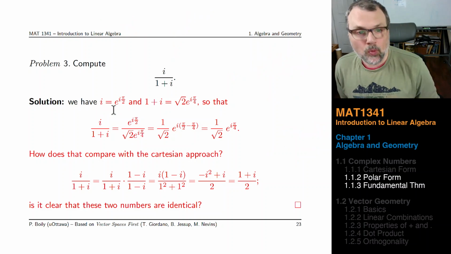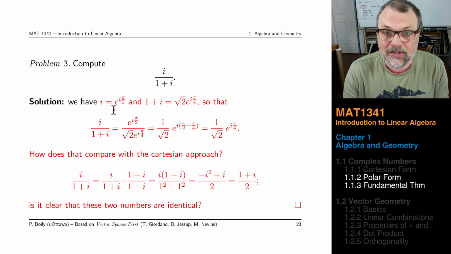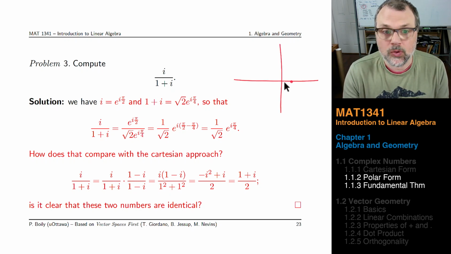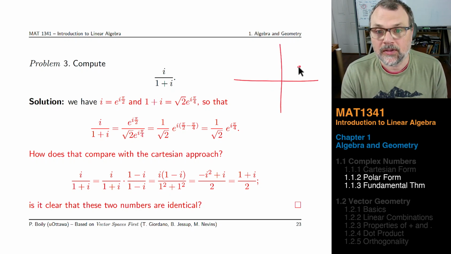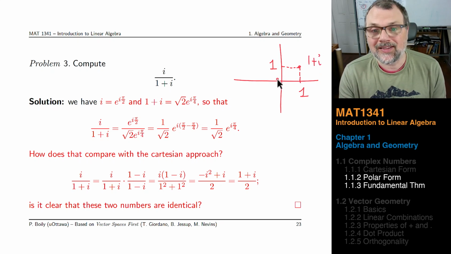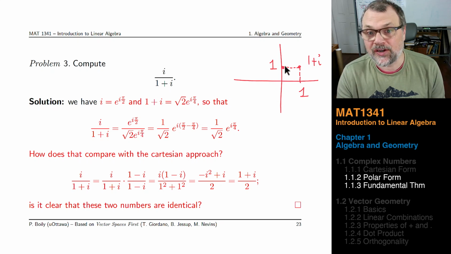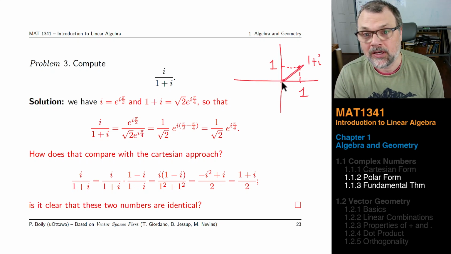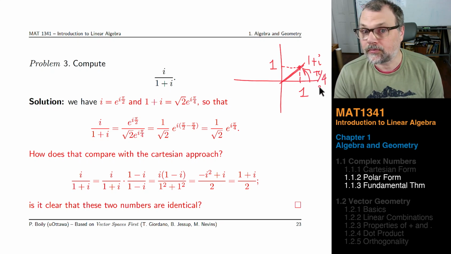What can we say about 1 plus i? Well, it helps as well to be able to place it somewhere. So 1 plus i is this point here. 1, 1. This is 1 plus i. It has the same x and the same y coordinate, or the same real and the same imaginary coordinate. So this angle here has to be 45 degrees. 45 degrees in radians is pi over 4.